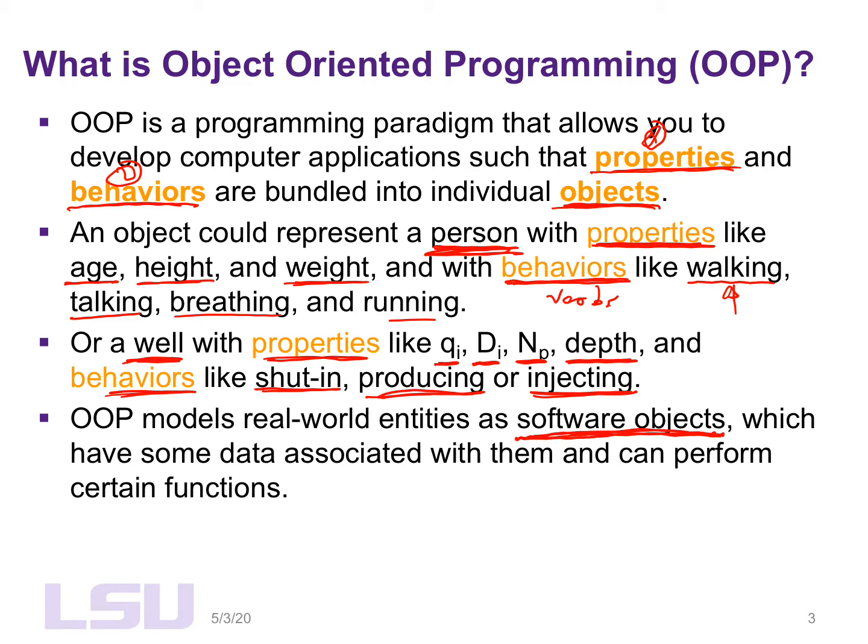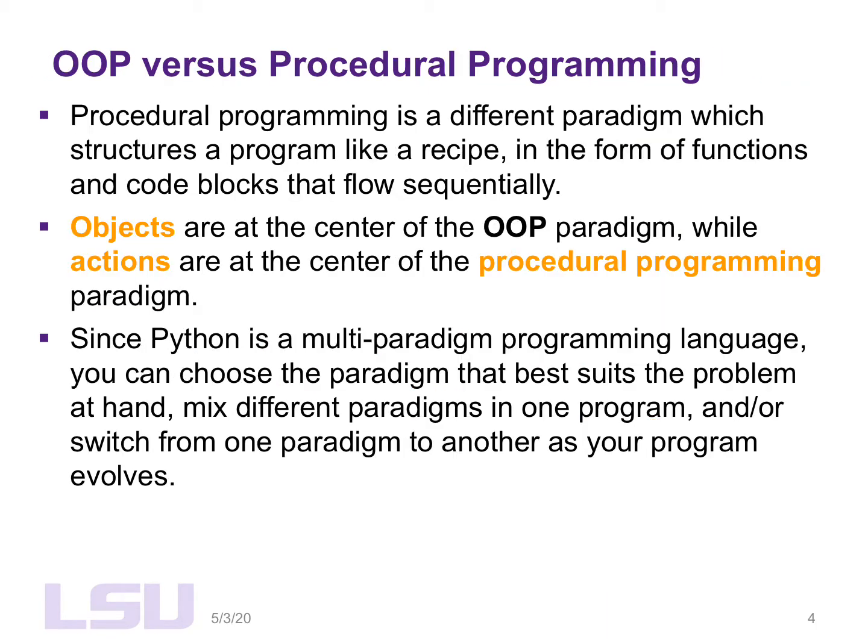So this is a different programming paradigm than what we've been doing so far. What we've been doing so far is called procedural programming. Procedural programming, as you can infer from the word procedural, means you're following a procedure. So you're going step by step. You execute one line of code, you go to the next. It's like you're writing your program like a recipe in the form of functions and code blocks that flow sequentially, line by line, starting from the beginning.